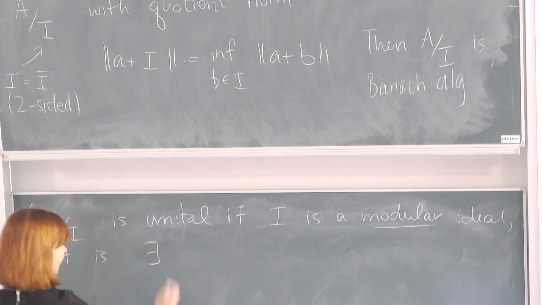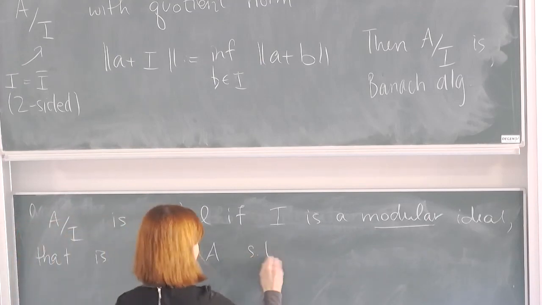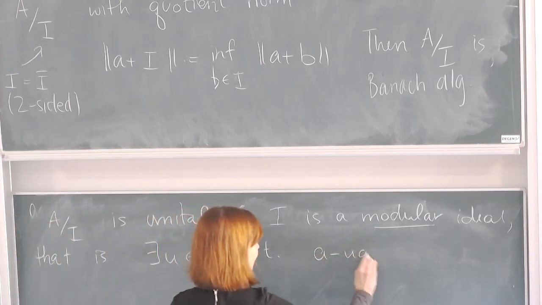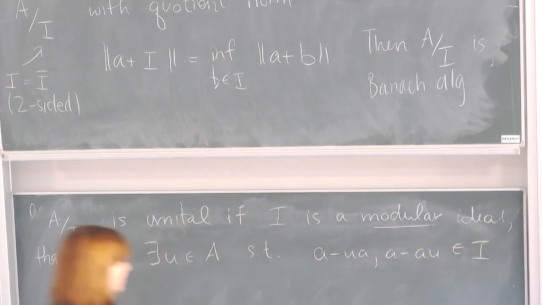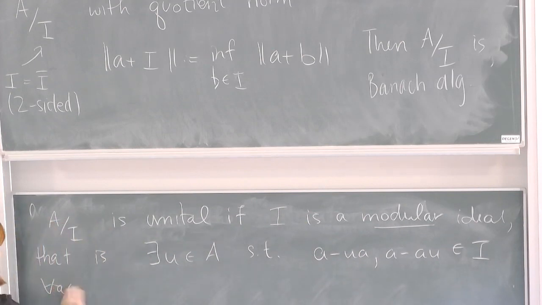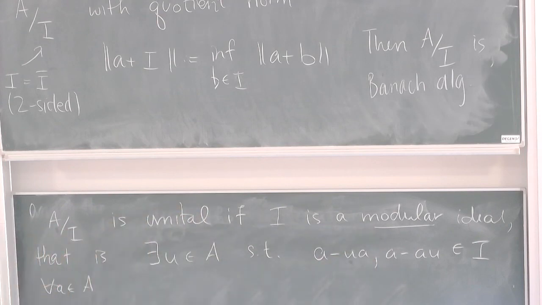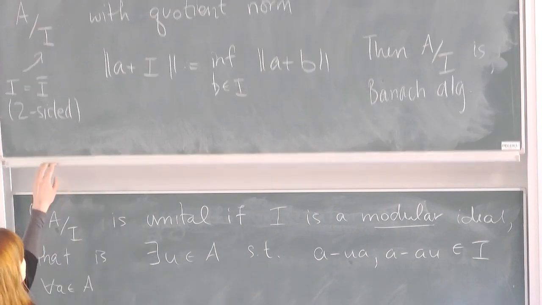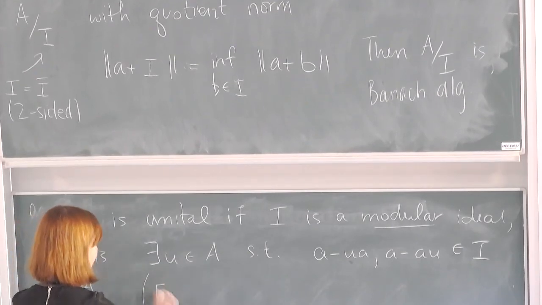There exists some element u in A such that a minus ua and a minus au are always in our ideal, and that's for every a in A. Okay, so it's easy to see that if A itself is unital, then every ideal is going to be modular, because you can just take u to be the unit here. And you can try to figure out just exactly what the unit of A/I will be. So that's a little exercise, I guess.